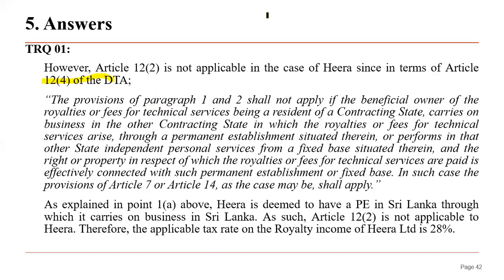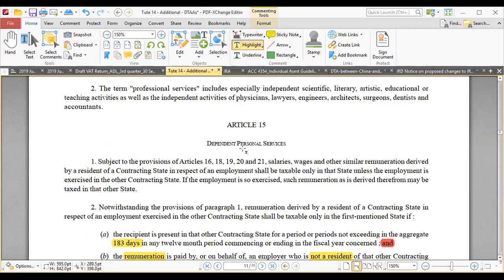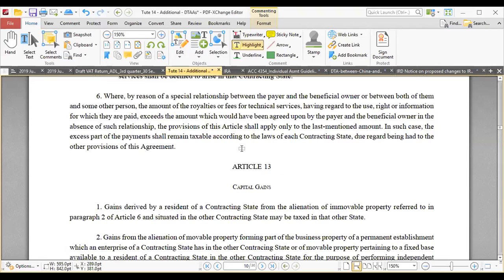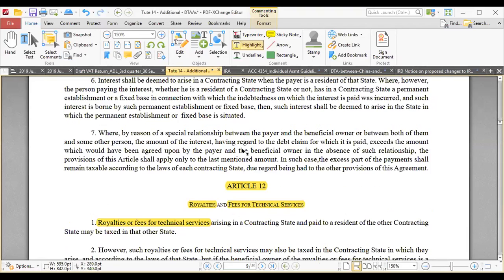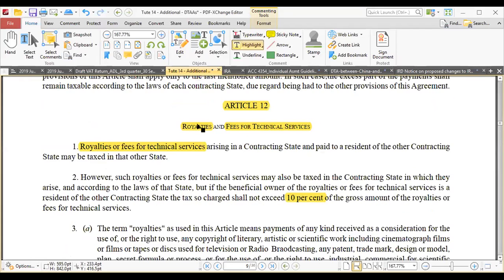If you can refer to the DTA, I will share the DTA as well. Here is the article on royalty, covering royalty and technical service both.